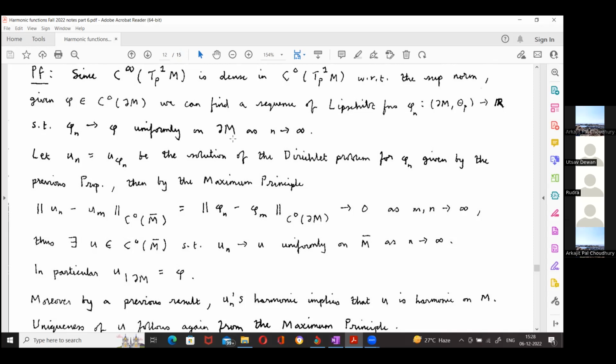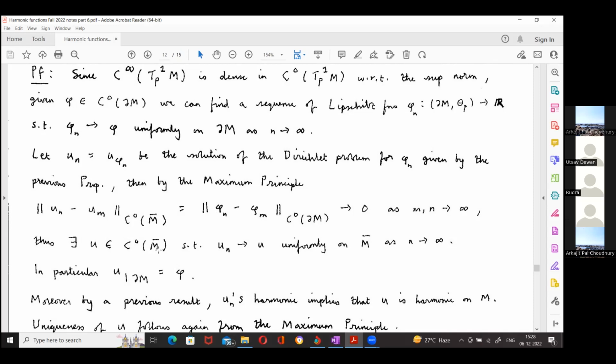Because the phi n's are converging to phi uniformly on boundary M. Okay. So that means that my un minus um, this sequence is uniformly Cauchy on M bar, right? This sequence is uniformly Cauchy on M bar. Therefore, it converges uniformly to some function u, which is also continuous on M bar, right?